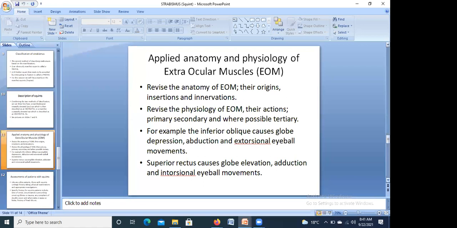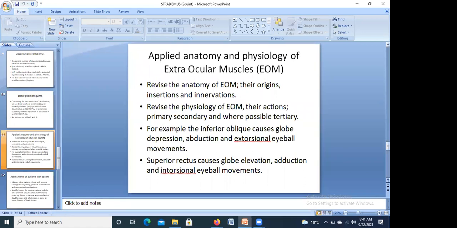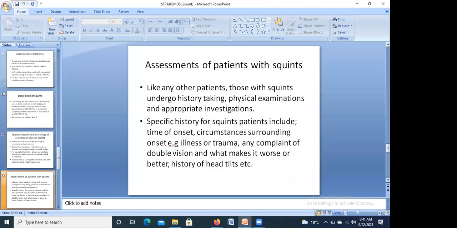The inferior oblique causes depression and abduction and extorsion movement of the eyeball. While the superior rectus causes elevation, adduction, and intorsional eyeball movements. So they have more than one function. I would like you to look at all those muscle by muscle so that you can know the functions of each of the extraocular muscles.